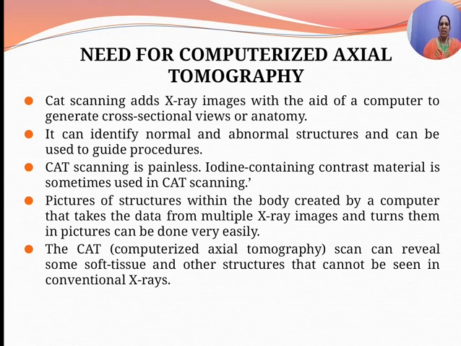Pictures of the structures within the body are created by a computer that takes the data from multiple X-ray images and turns them into pictures. A computerized axial tomography scan can reveal some soft tissues and other structures that cannot be seen in conventional X-rays.